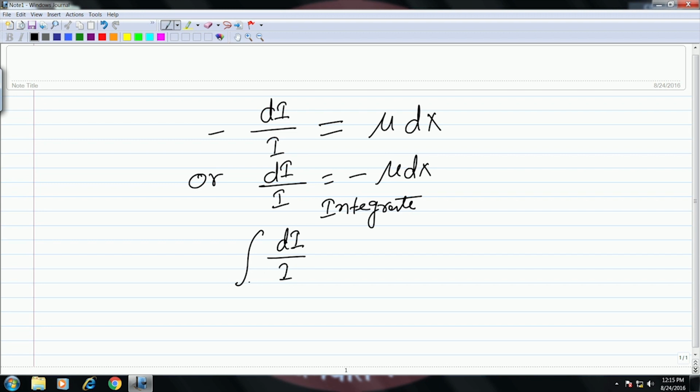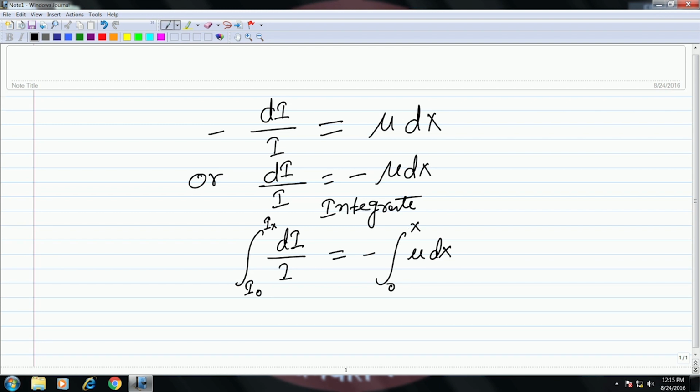The intensity I goes from the initial intensity, which is I naught, to an intensity at a distance x, which is I x, and on the right hand side you integrate dx over 0 to a particular distance x.